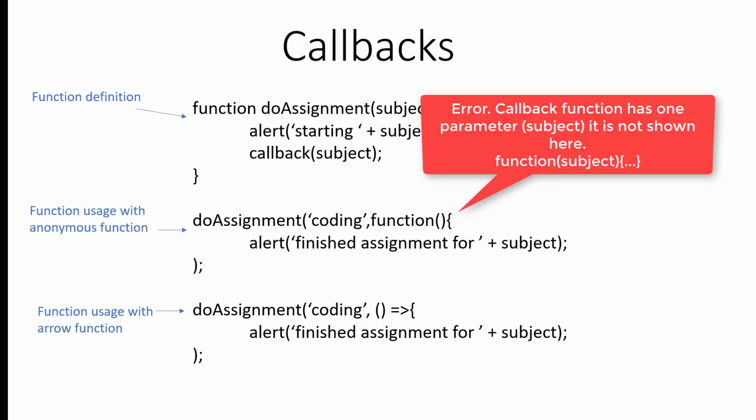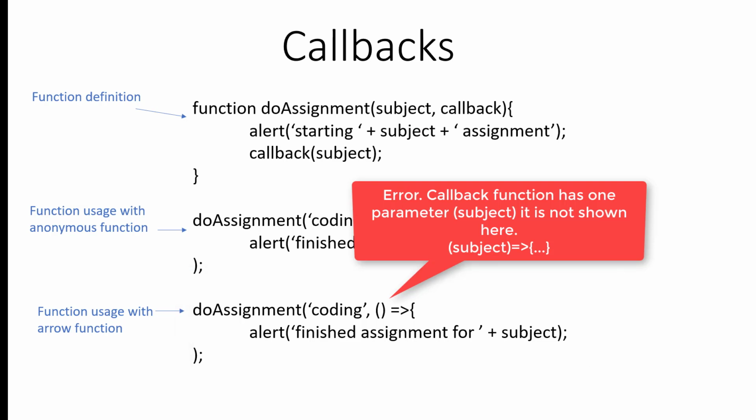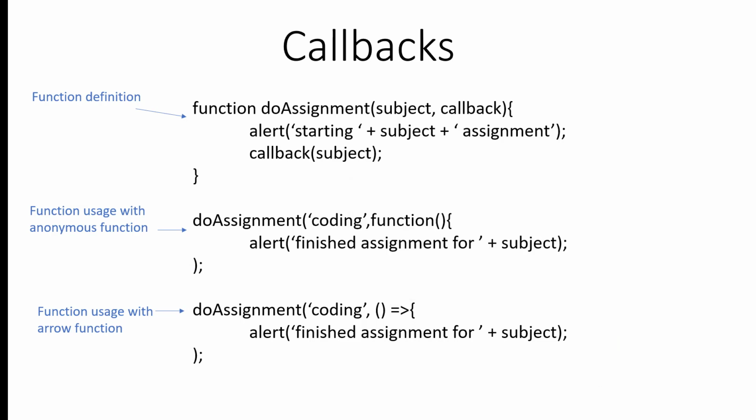Another option we also have is to use an arrow function. The second usage down there shows the same thing, just using the arrow function syntax. All three options, either the named function, anonymous function, or arrow function, will do the same thing.